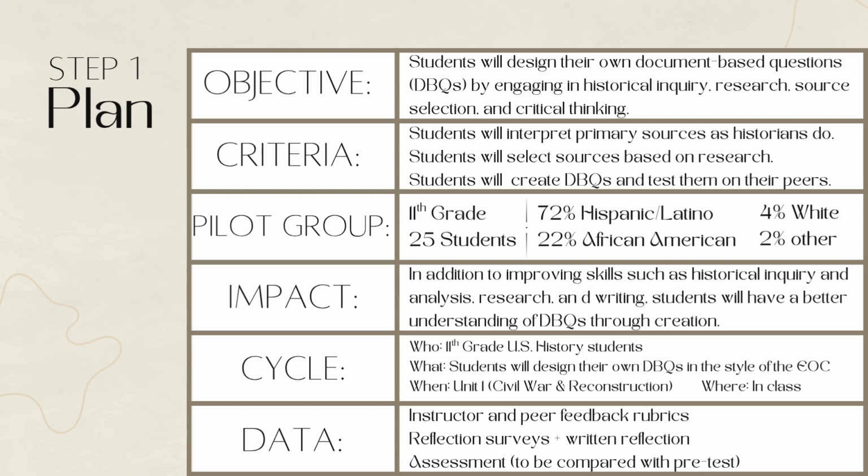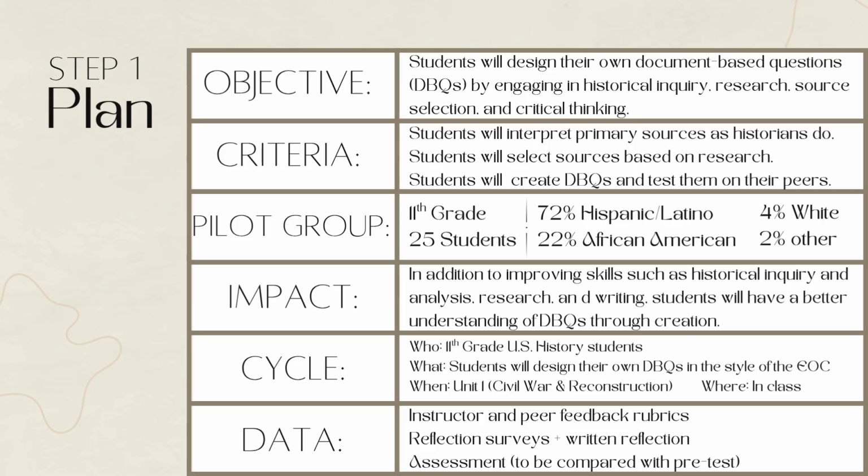For step 1, the plan phase, my objective is the following. Students will design their own document-based questions, or DBQs, by engaging in historical inquiry, research, source selection, and critical thinking. As part of this project, students will need to interpret primary sources as historians do, select sources based on research, and create DBQs and test them on their peers.